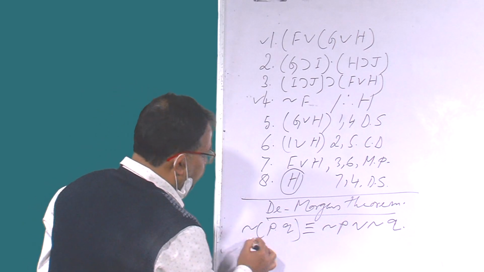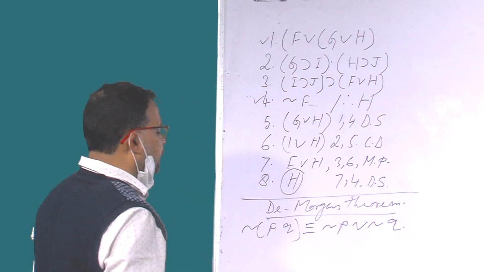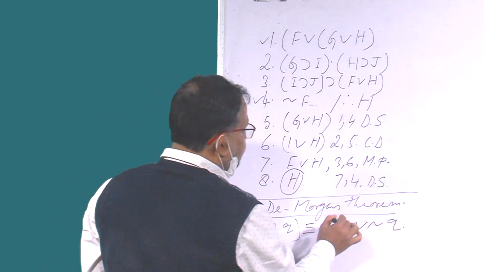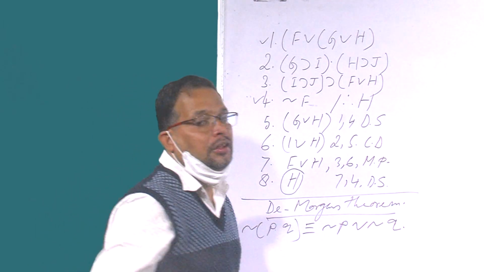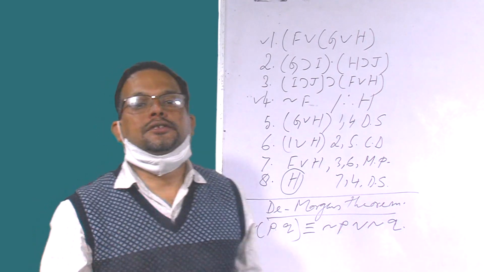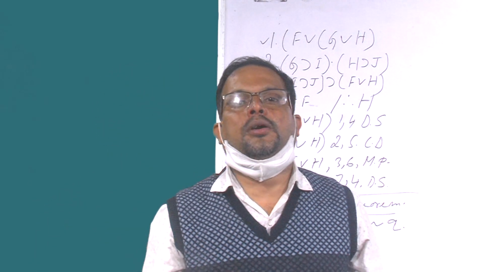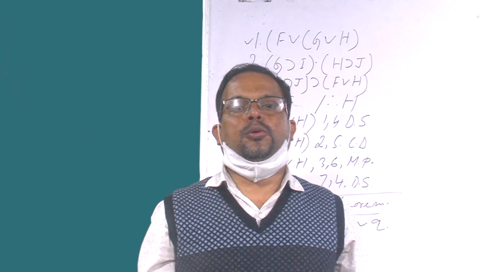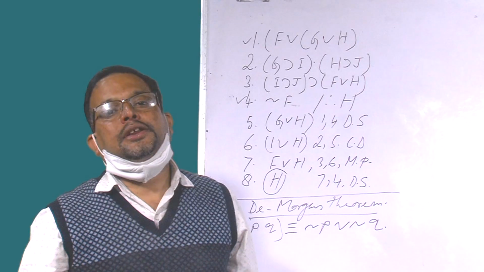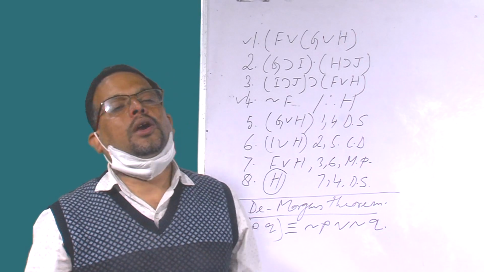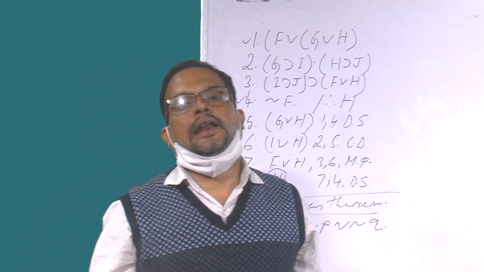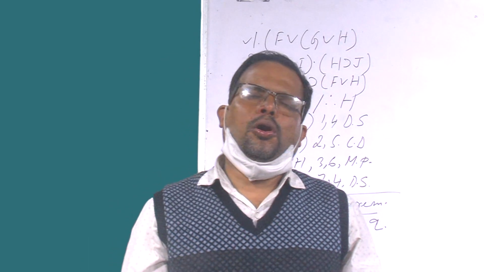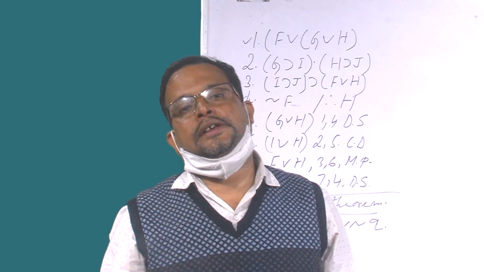So this is the rule of De Morgan's theorem of the rules of replacement. That is, negation bracket begin P dot Q bracket close is equivalent to negation P vel negation Q. So dear learners, we can infer one from the other since they are logically equivalent. Now, you have to know also the rules of replacement.